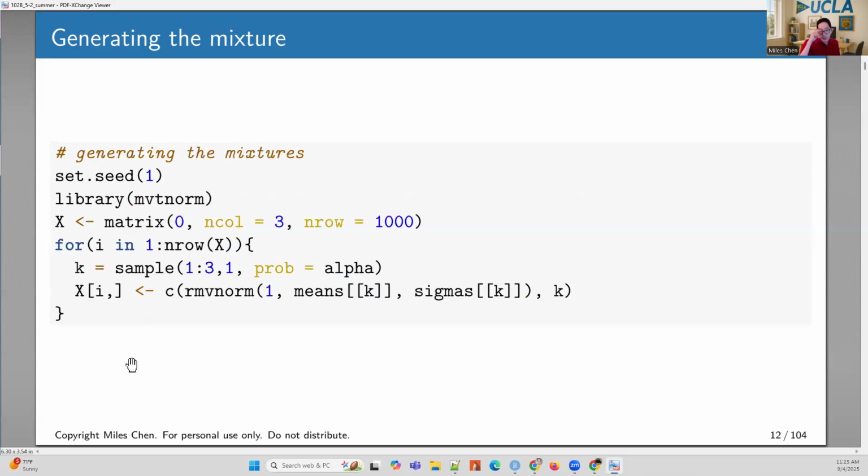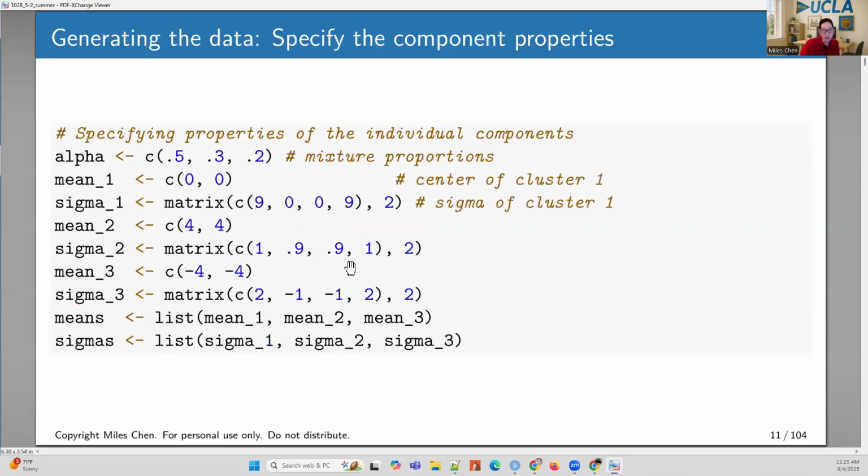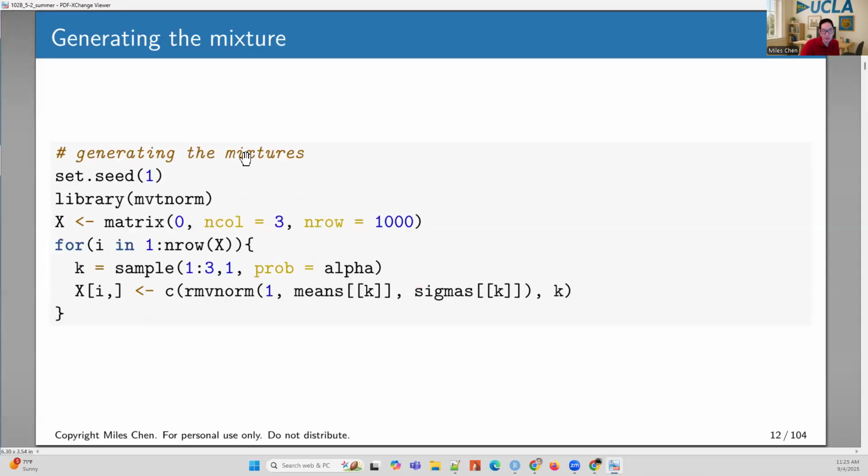And then to generate my data, I'm going to use the multivariate normal. With the multivariate normal package, I can generate random multivariate normal values. Here I'm going to generate 1,000 data points. The first thing is to generate a random value of 1, 2, or 3 with probabilities alpha: ones with probability 0.5, twos with probability 0.3, and threes with probability 0.2.